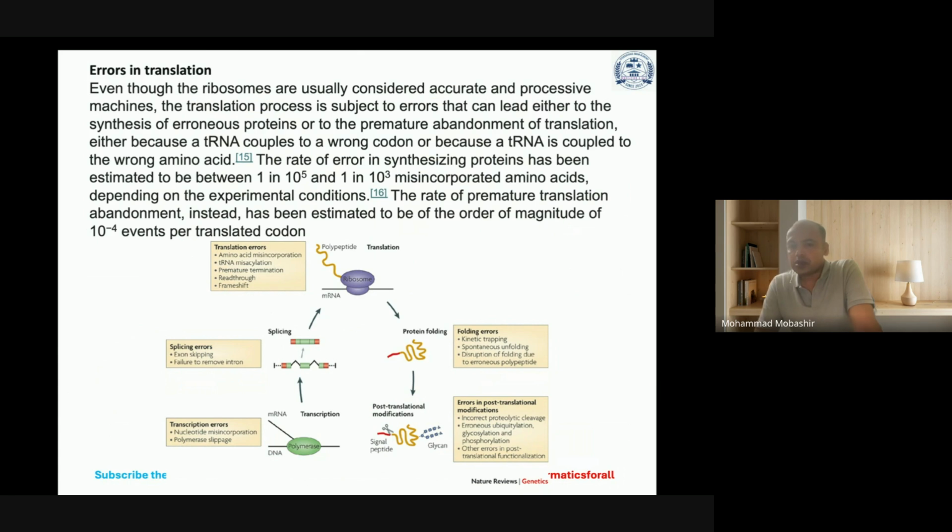Other errors in post-translational modification or functionalization are also possible. This figure I have adapted from Nature Reviews Genetics.